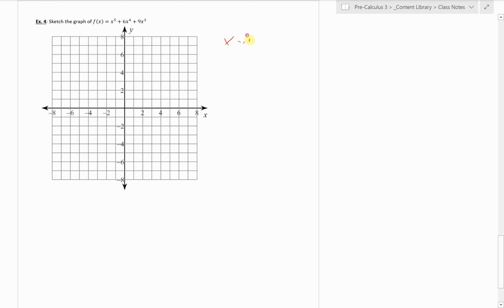We said we want to find x-intercepts and y-intercepts first, so let's focus on x-intercepts. X-intercepts occur when the function is equal to 0. So if we set the whole function equal to 0, we need to first look and see how we can factor this. Hopefully we see that there's a common factor here of x cubed.